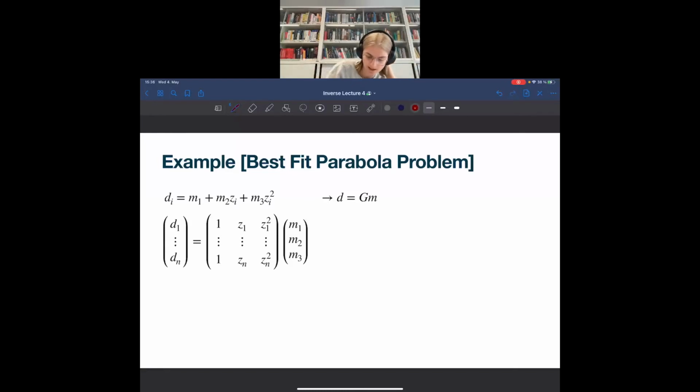Let's assume this thing here is d. Is matrix G times model vector m, and the matrix G has size n by 3. Depending on the number n, this might be quite hard.